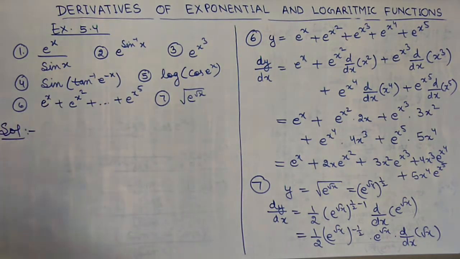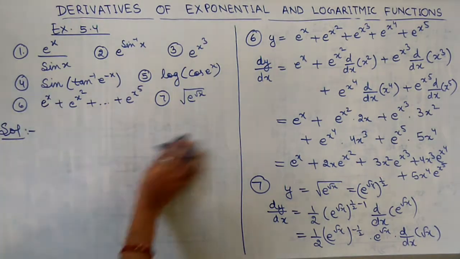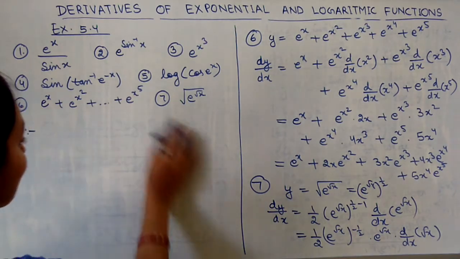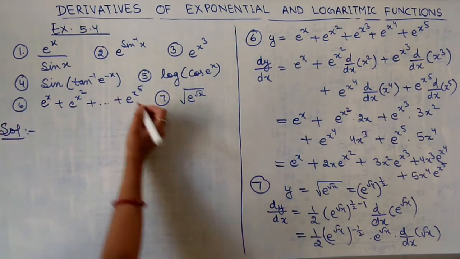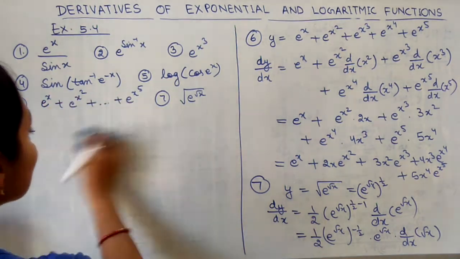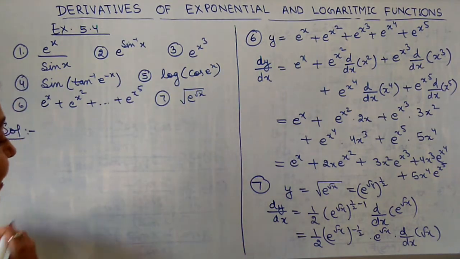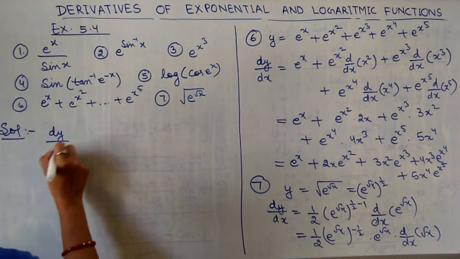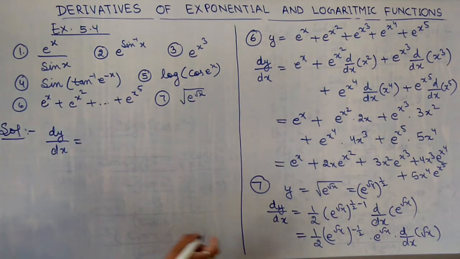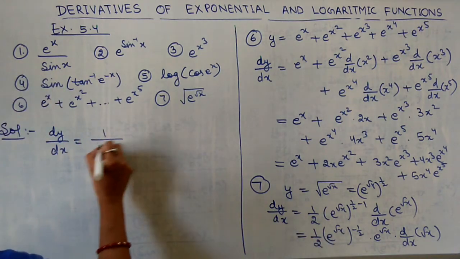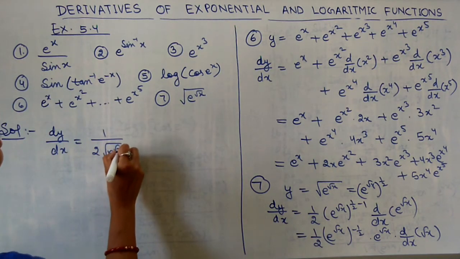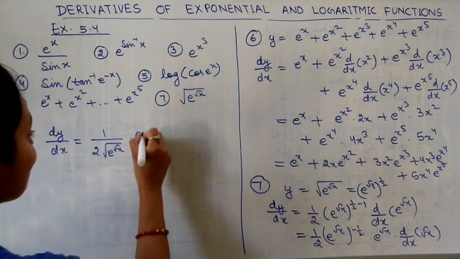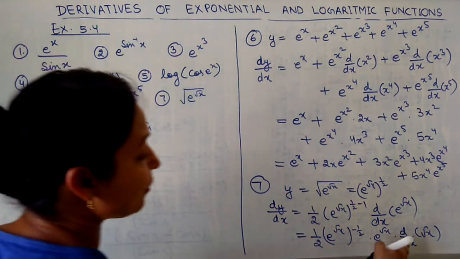What is the next step? That is very simple. The question is dy/dx. dy/dx equals e^(√x) times the derivative of root x. And what is the value of that?